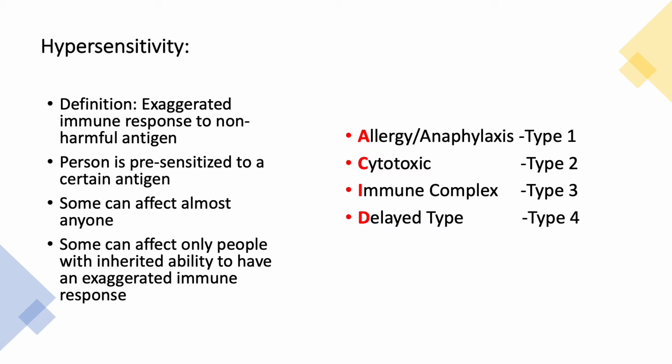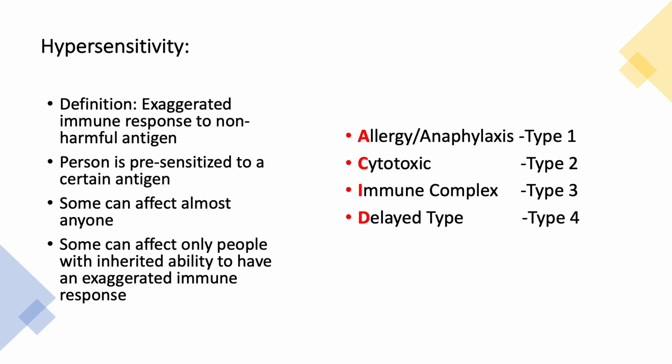I put here a mnemonic to make it easy to remember the types that we will talk about in detail. Type 1 is generally characterized by allergy and anaphylaxis. Type 2 is cytotoxic. Type 3 has immune complex development, and type 4 is delayed type.